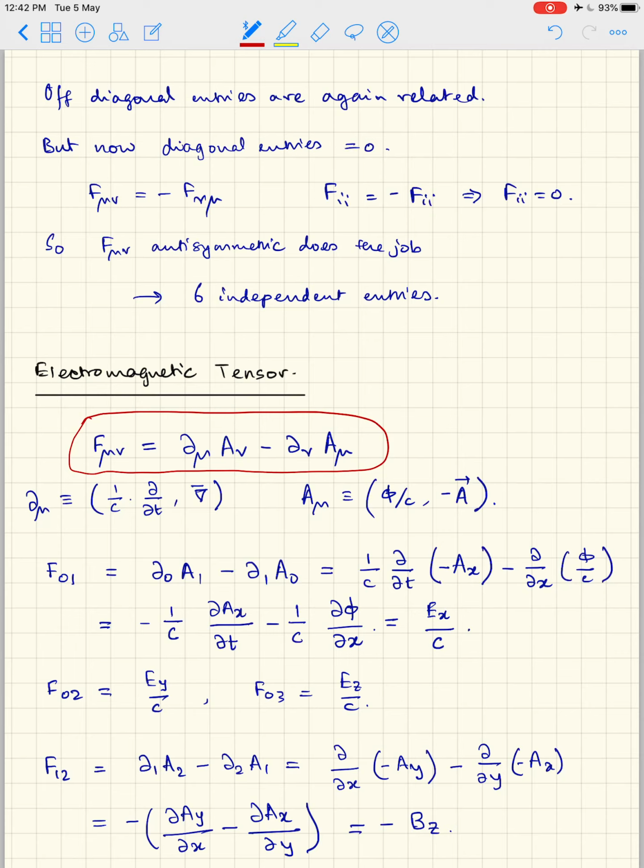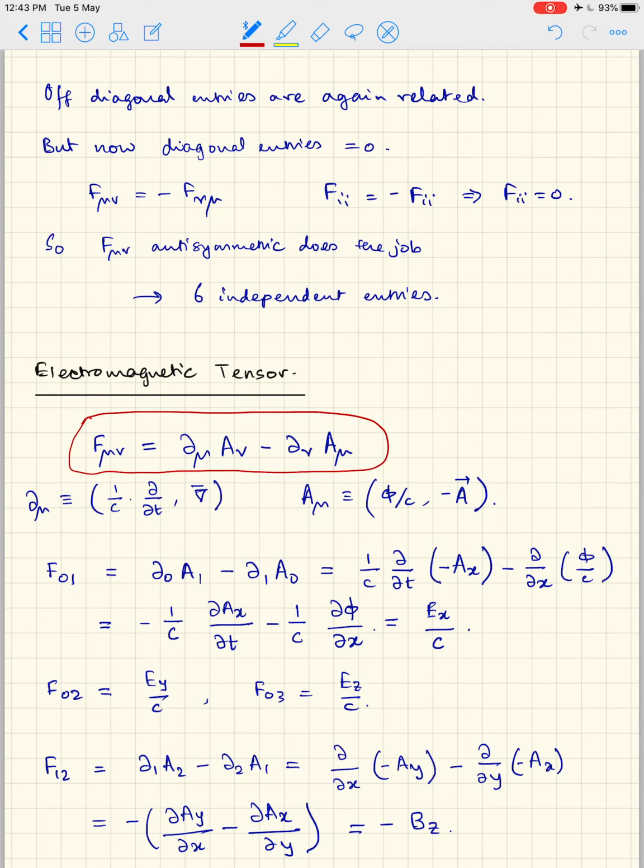Now let's see if we have made the right choice or not. We can look at F0i, and that is going to be the electric vector. For example, F01 we explicitly saw was Ex over c. Similarly, Fij with spatial indices is going to be related to the magnetic field B. For example, F12 is going to be related to Bz.